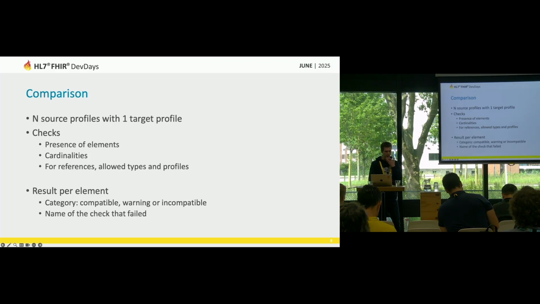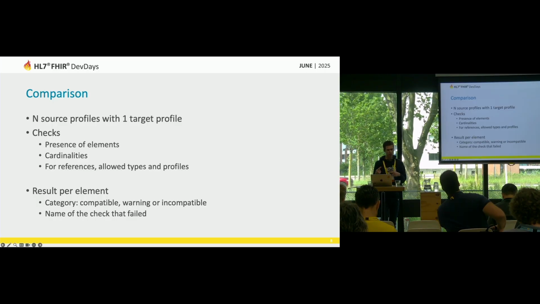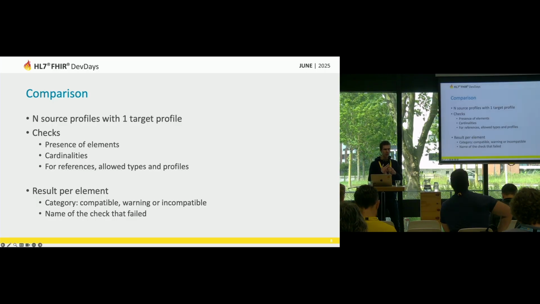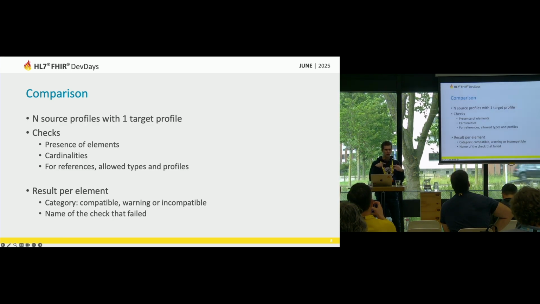For the comparison itself, we are able to compare n source profiles with one target profile, with the asterisk that currently in the UI we can only show one source profile, but the backend can handle multiple input profiles. We currently check the presence of elements, the cardinalities, and for references we check if they are using the same type, so the same profile or data types.